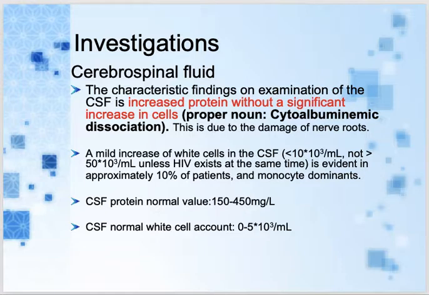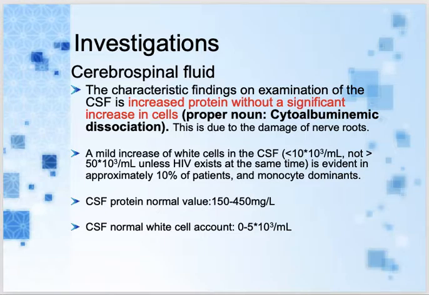Okay, guys. So talking about the investigations of these patients. Now, how do we examine these patients, or how do we diagnose simply? Of course, the clinical history and examination will help you. In investigations, few investigations are needed.